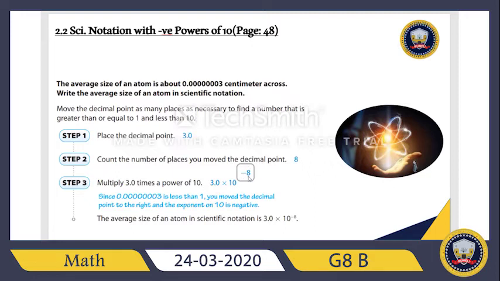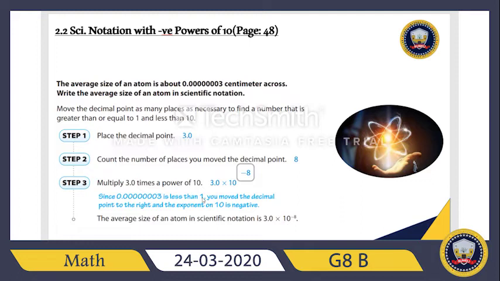So it will be 10 to the power of minus 8. So at the end, my number is 3.0 times 10 to the power of minus 8. Look, since this huge number is less than 1, it's very small, then here we need to move the decimal point to the right with a negative exponent of 10.